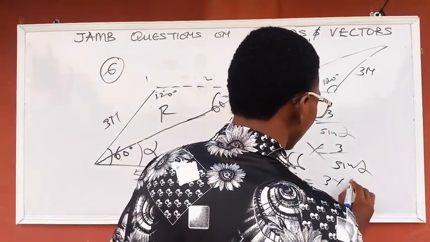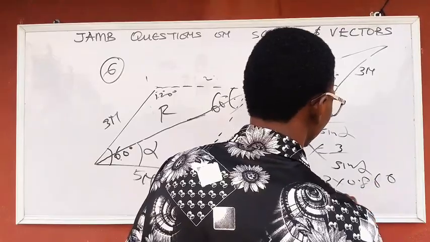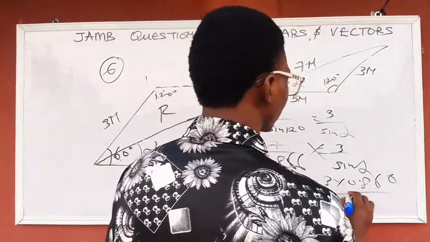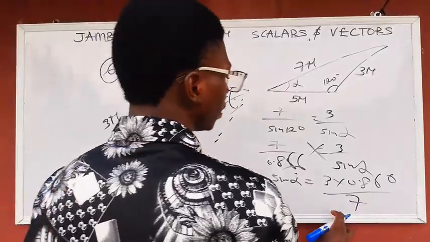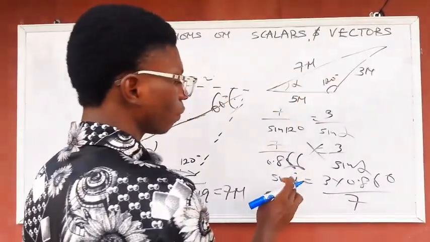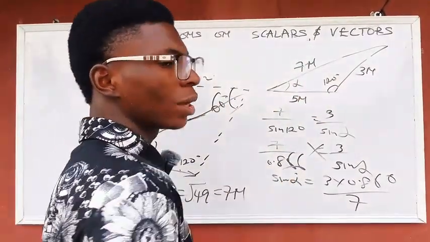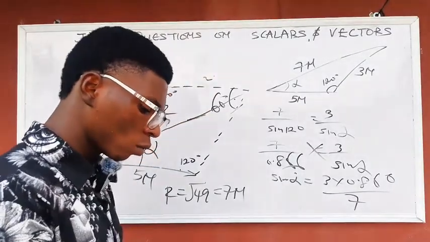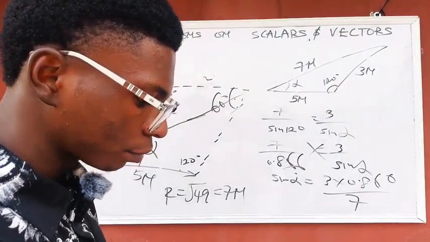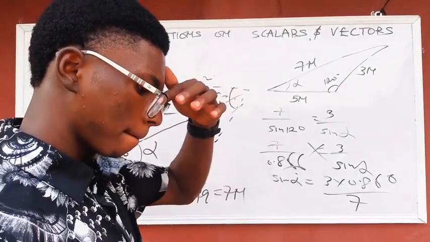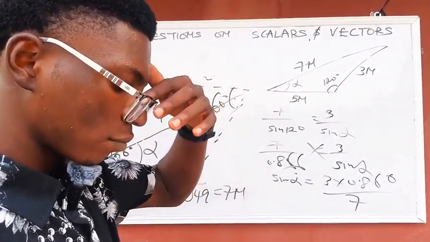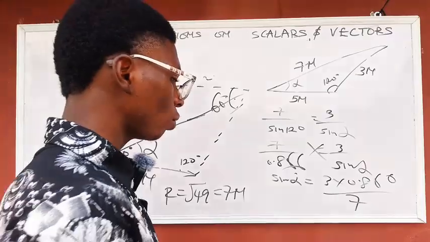That will now be 3 times 0.866 all over 7. Whatever this thing be, we're going to find the inverse of sine to get the value of that angle. Are we together now? So that's it.